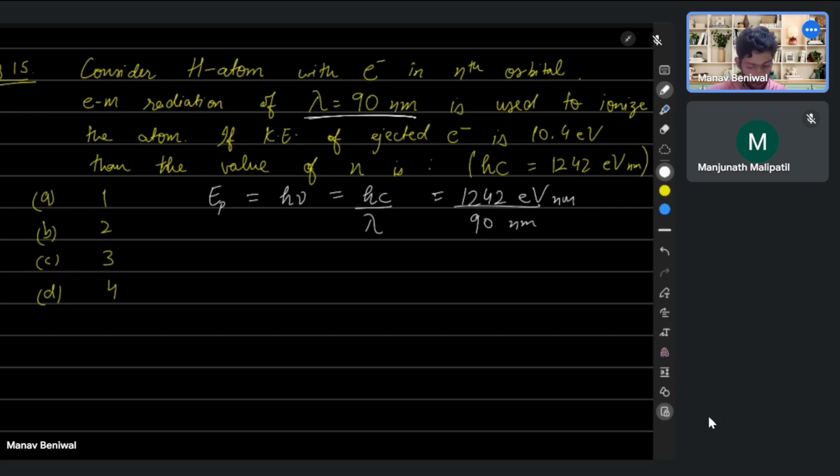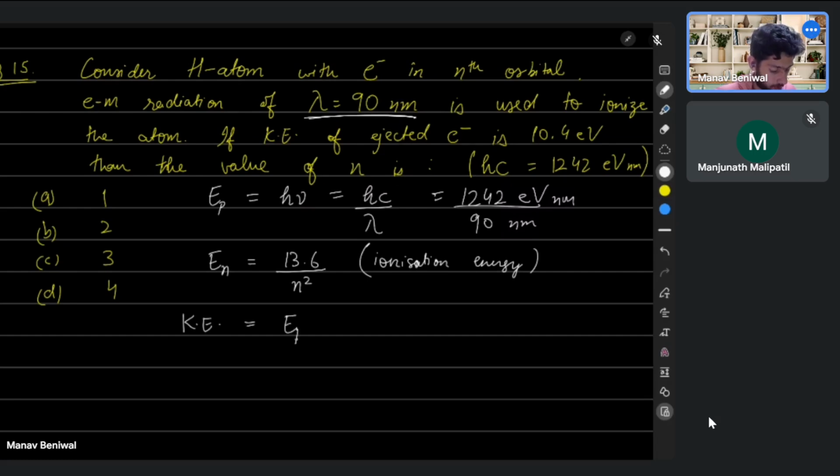Now the energy of the electron in the nth orbit is given as En, and you know that this will be 13.6 divided by n squared. So this is the ionization energy. And finally, the kinetic energy of the electron will be the energy of the photon, which transferred all of its energy to the electron, but some of the energy was used in ionizing the electron.